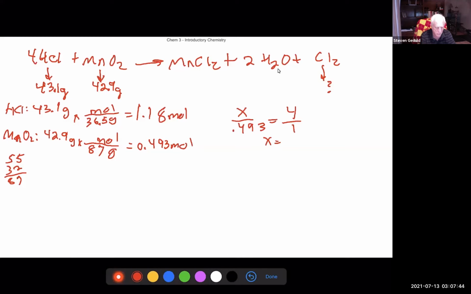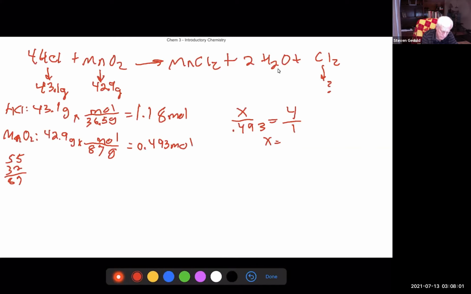So X equals 4 times, cross multiply, X equals 4 times 0.493, which is 1.97. So do I have 1.97 moles of hydrochloric acid?